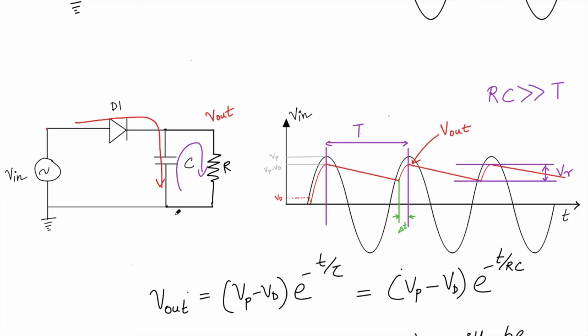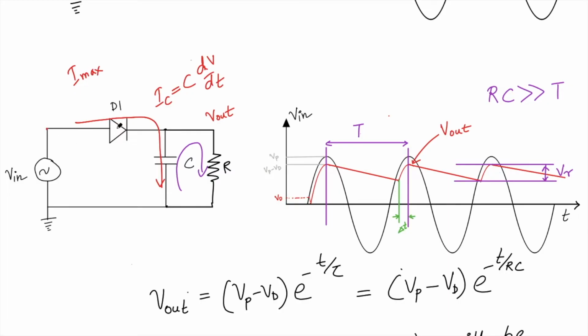Because in case of this capacitor, we know that IC is equal to C dV by dt, right? So higher the value of capacitor, higher will be the current required to charge this capacitor in this short delta t time. And if it exceeds some value of this diode current, this diode may get spoiled, because generally if you see the data sheet of this diode, Imax value will be given.